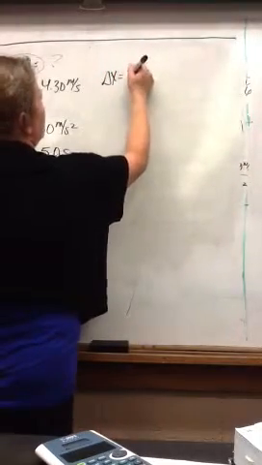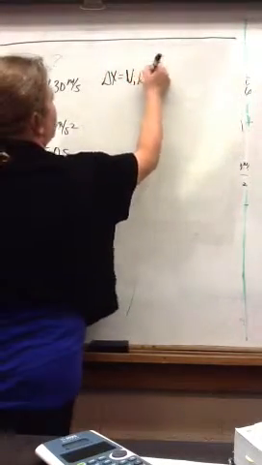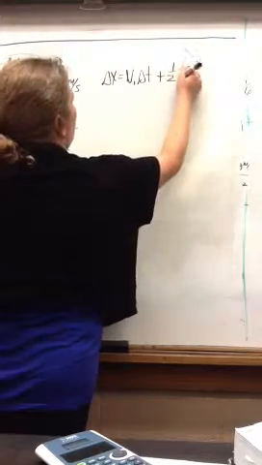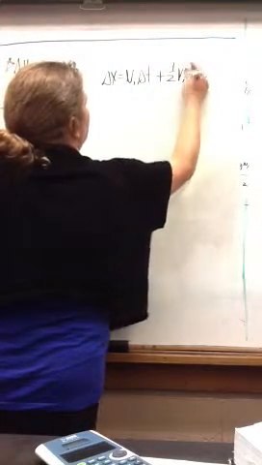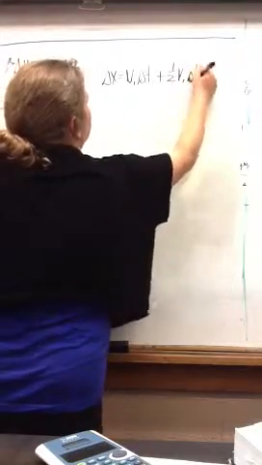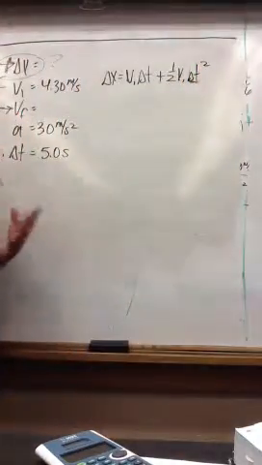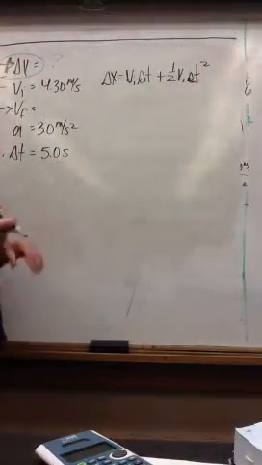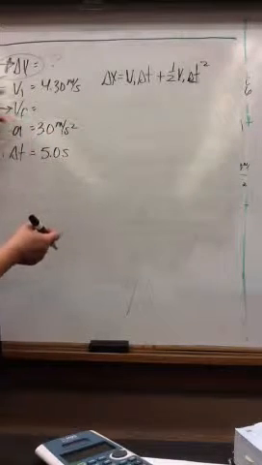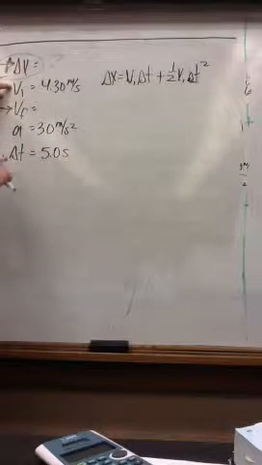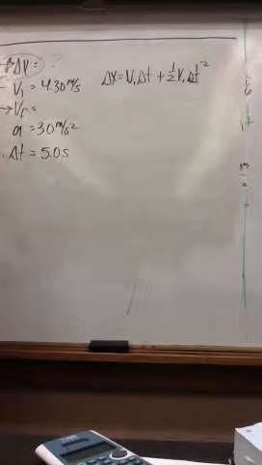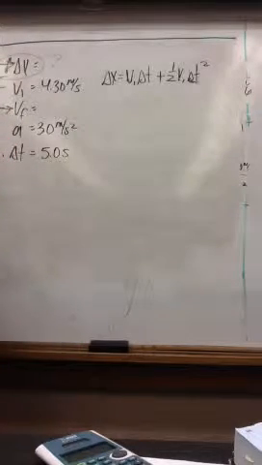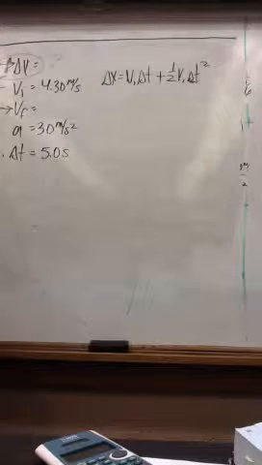Delta x equals vi delta t plus 1/2 a delta t squared. This is the brand new shiny equation that you've got. Because we're looking for delta x, we have vi, a, and delta t. So it ties together the 4 things that we are relating.